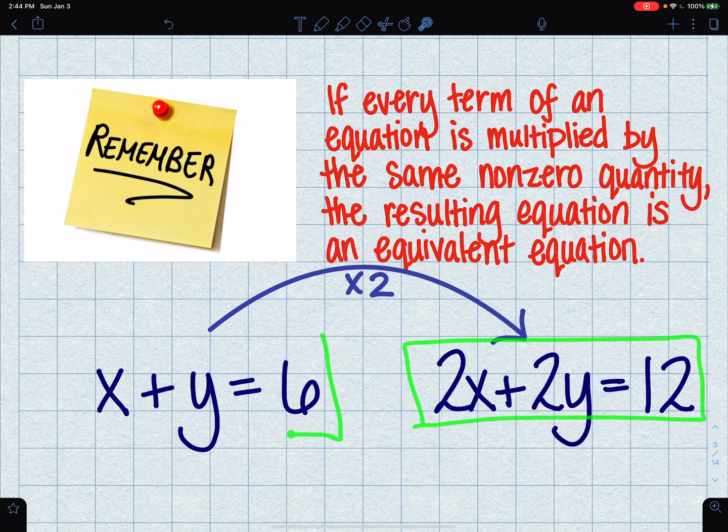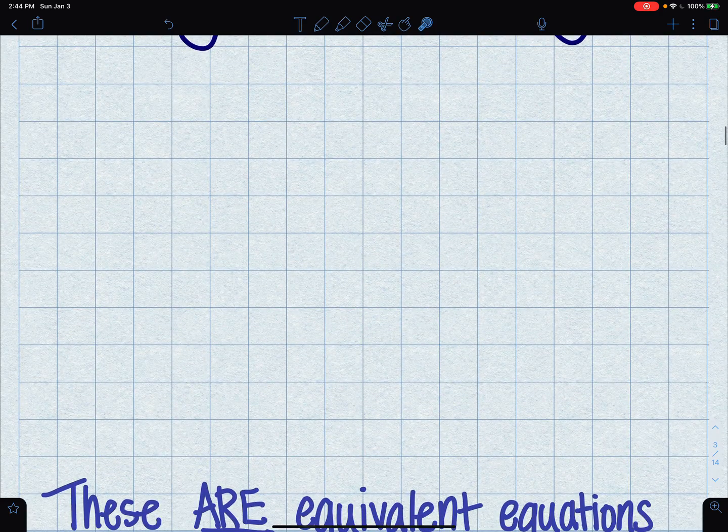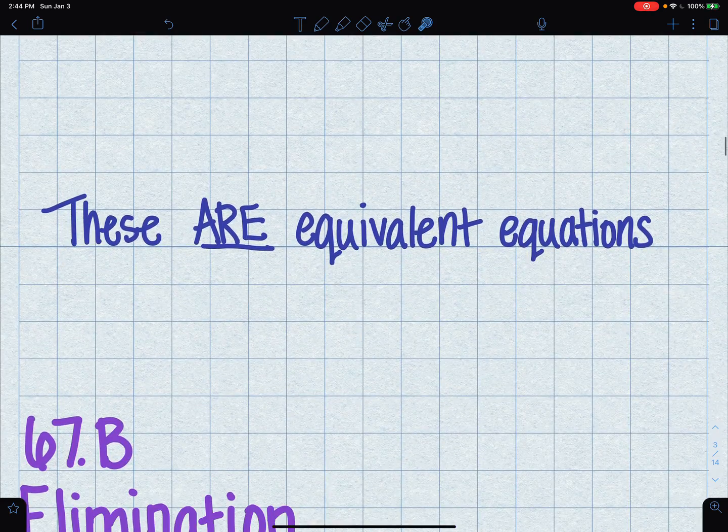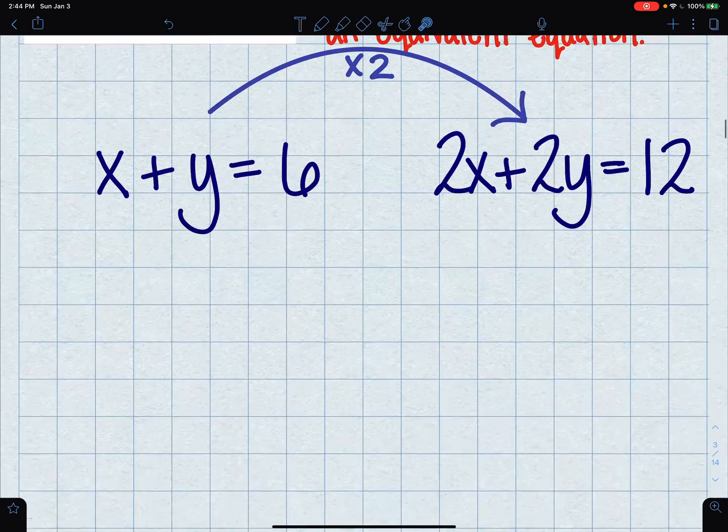These are equivalent equations because you didn't change the value of any of the variables. Their solution set should be the same. That's how you get an equivalent equation. Easy peasy.